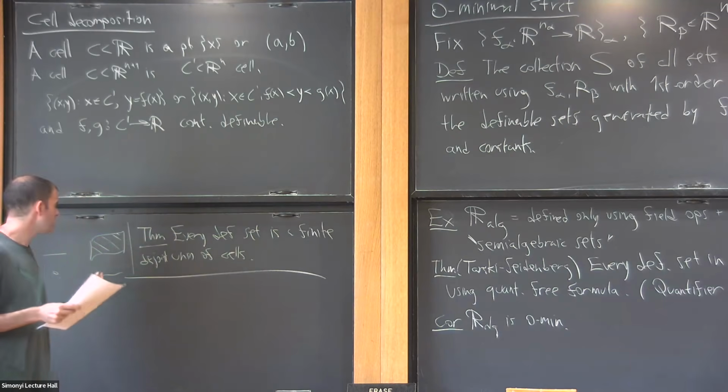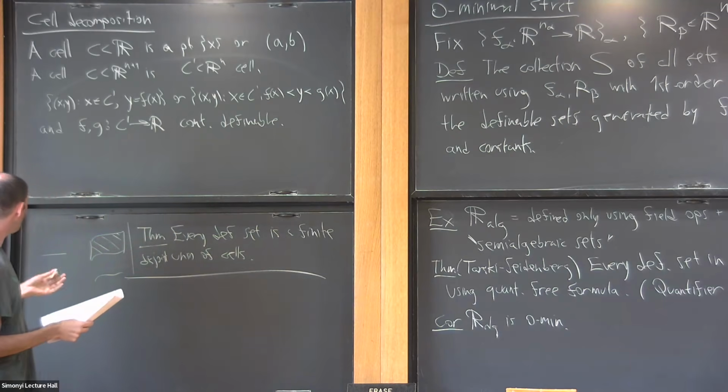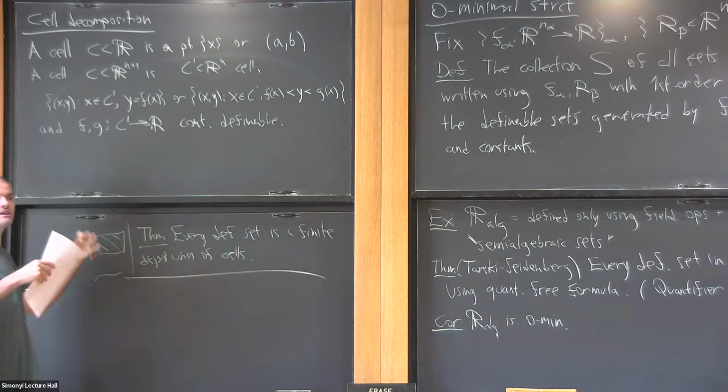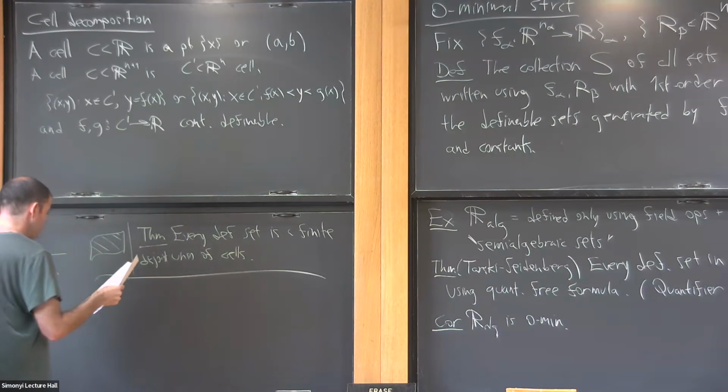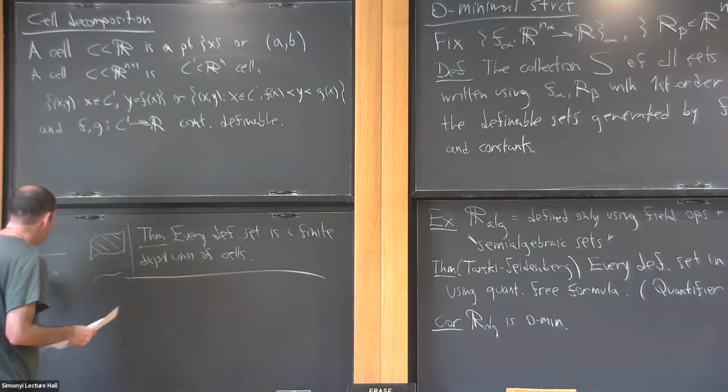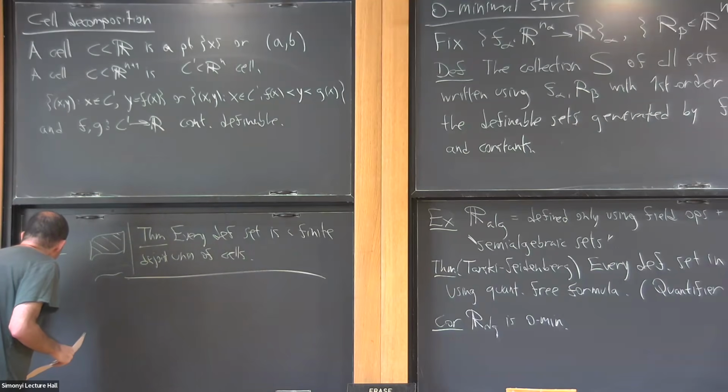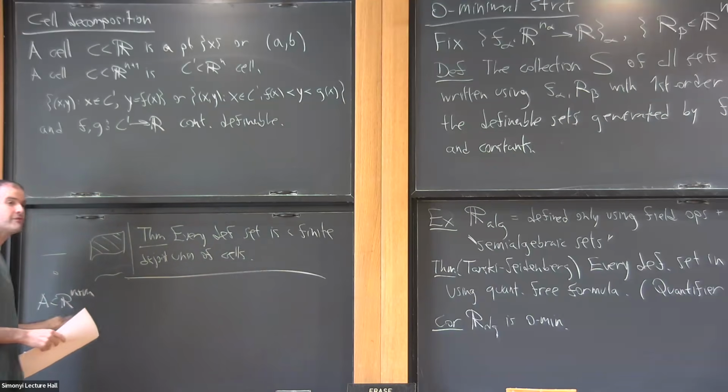But in fact, there is some, let me state one corollary of this theorem, which is kind of a prototypical corollary. So it's about definable families. When we have a definable subset A of R^(n+m), we often think about this as a family.